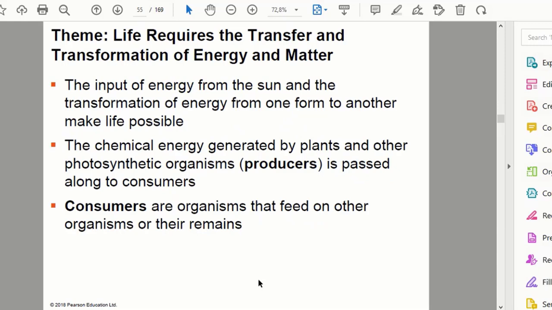The theme that requires the transfer and transformation of energy and matter is that when you go through the input of energy from the sun and the transformation of energy from one form to another, that's when the chemical energy is generated, particularly by plants, where you will find the producers, which is passed along to the consumers. The consumers are the organisms that feed on other organisms or their remains. You will understand what I mean by that when we go further.